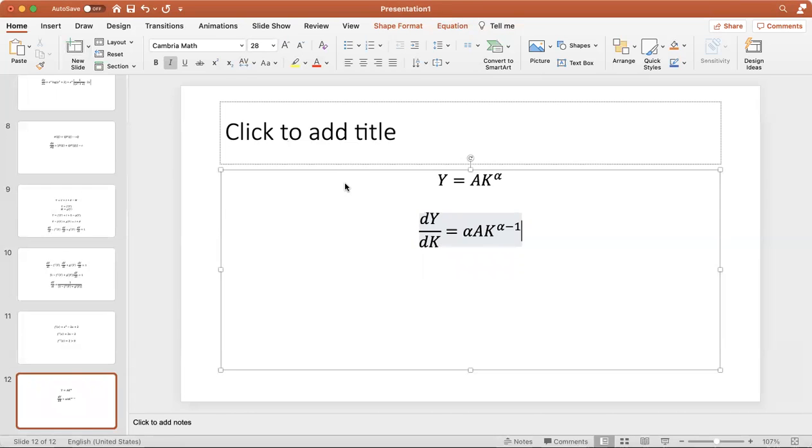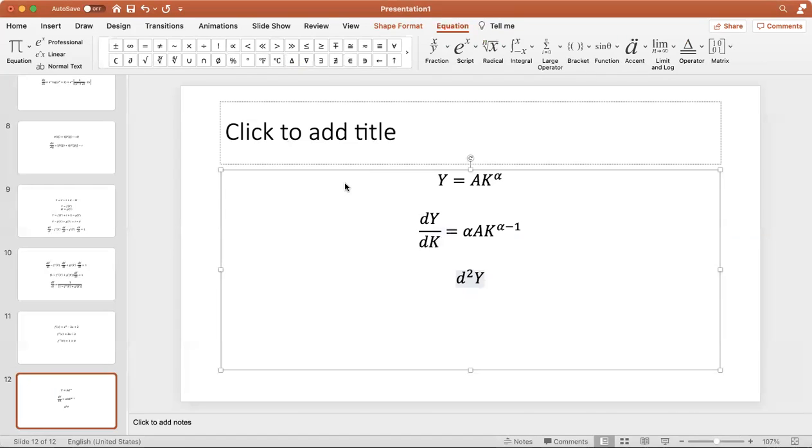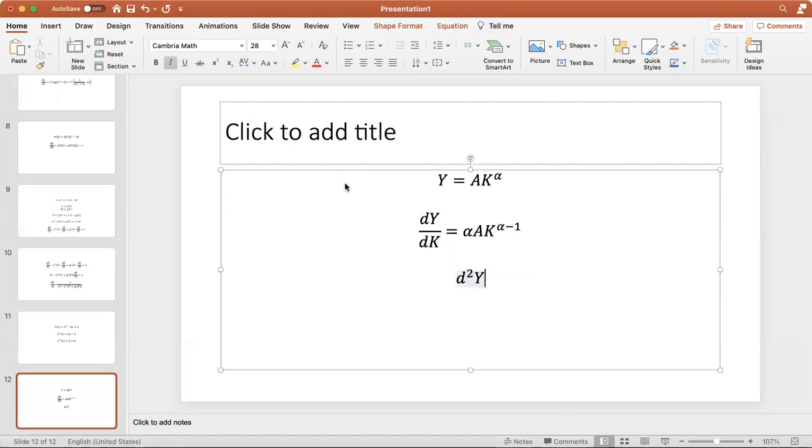Now for the second derivative, d squared y over dk squared, you have alpha times alpha minus 1 times A k raised to alpha minus 2.